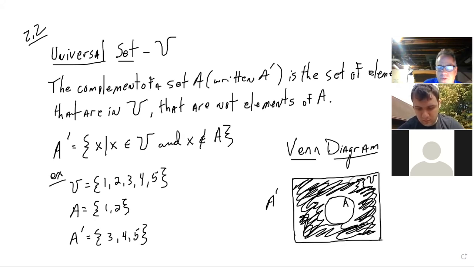That would be a visual way to represent a complement using a Venn diagram. Again, we're going to do a lot more with those Monday and Wednesday. So questions on this so far? All right. And I'm going to turn the page. If you need me to turn back, let me know.